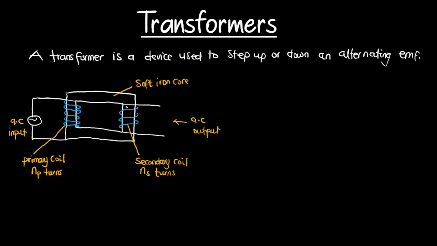But then the distance from here to here is what we are calling the secondary EMF, or the secondary potential difference.